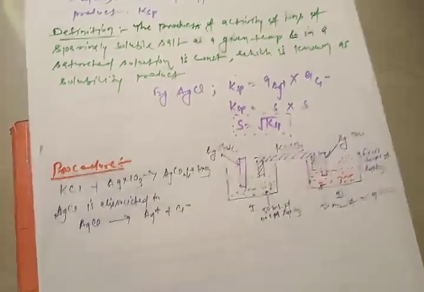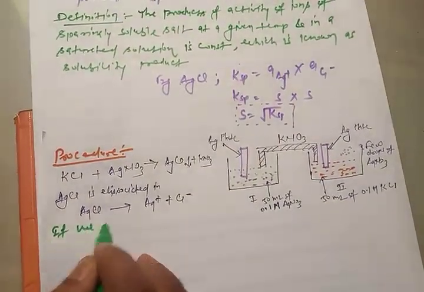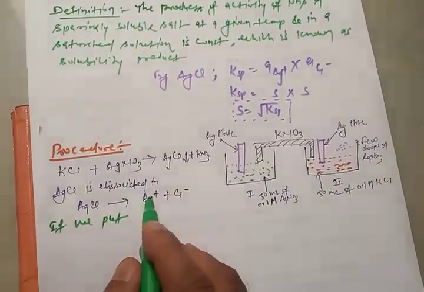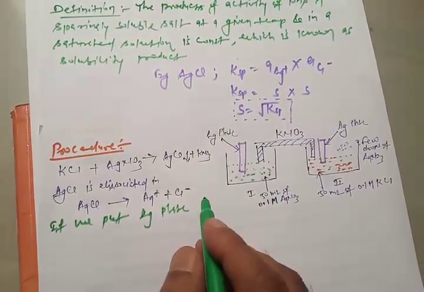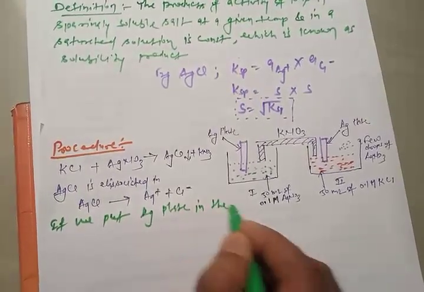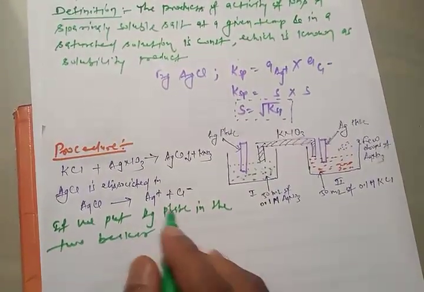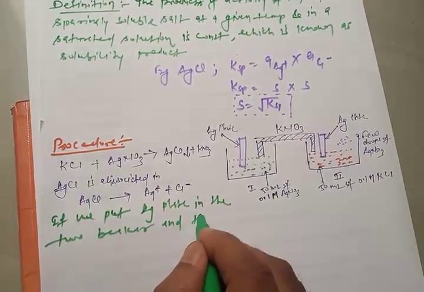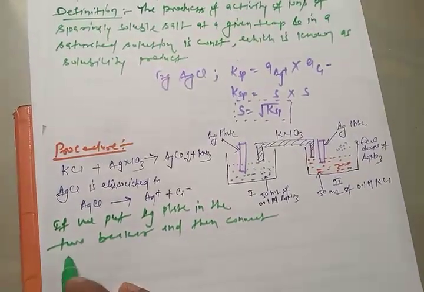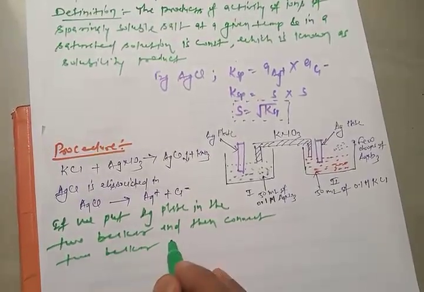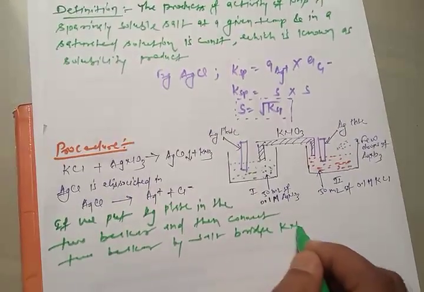So what we did here is put a silver plate in the two beakers, and then connect the two beakers by a salt bridge of KNO3.